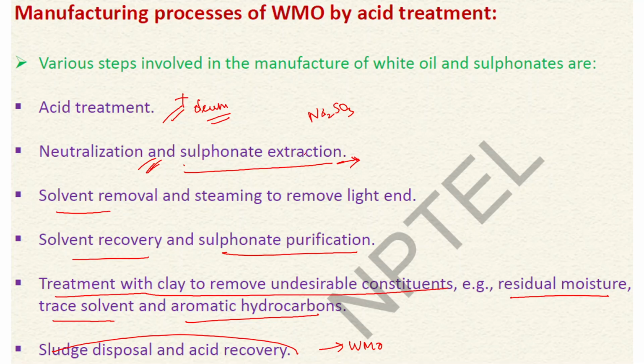The sulfonate extraction is done using some solvent, and after the sulfonate extraction, the solvent is recovered along with the sulfonate. After that, some treatment is done with clay to remove undesirable constituents, and further sludge disposal and acid recovery is done to yield the white mineral oil.